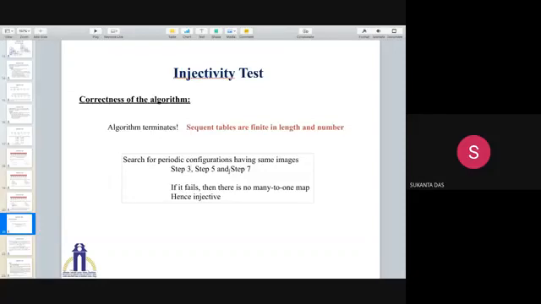Although I have not given any formal proof of how to test that we have tested all possible ways, if you think intuitively, by the sequence table I have considered all possible combinations of forming configurations having the same image. If I fail to identify a mapping that is not injective, my algorithm finally declares it injective.